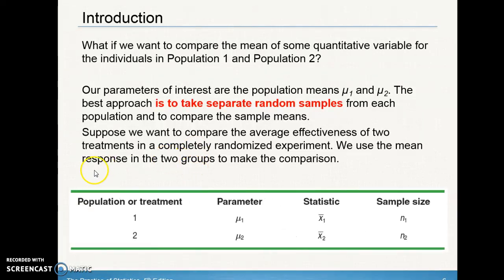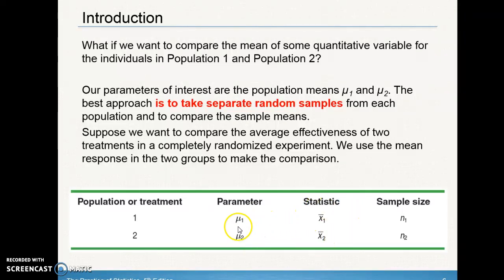So I just wanted you to take a look at what your symbols are going to look like. So you're either going to have two different treatments or two different populations. Your parameters are going to be mu1 and mu2, and it's very important that you label them 1 and 2 to show that we have two different populations or two different treatments for our means.